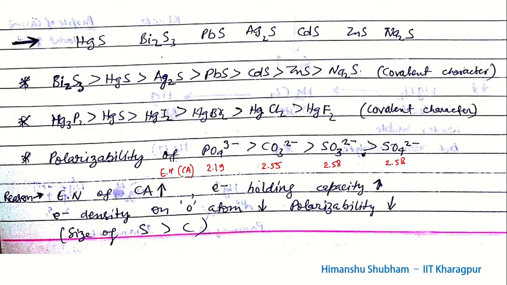So you can see that as the electronegativity of the central atom is increasing, the polarizability is decreasing. Now for SO3 2- and SO4 2-, the polarizability of SO4 2- is less, because we have 4 oxygens here. That means the electron density is more dispersed here, and so the polarizability is less in the case of SO4 2-. This was the one thing that was to be told in this lecture.